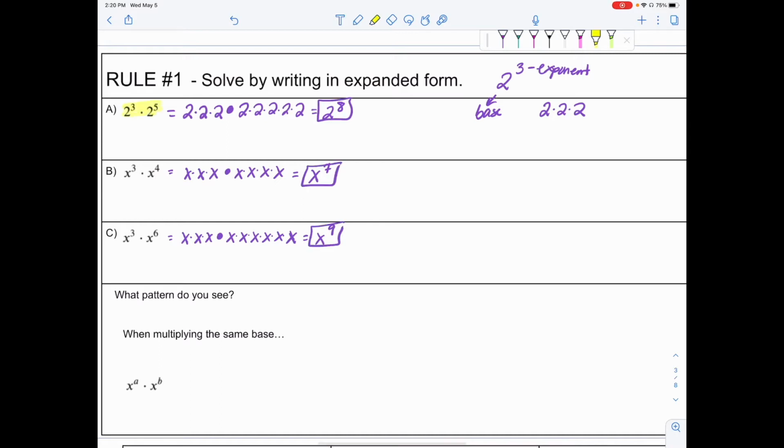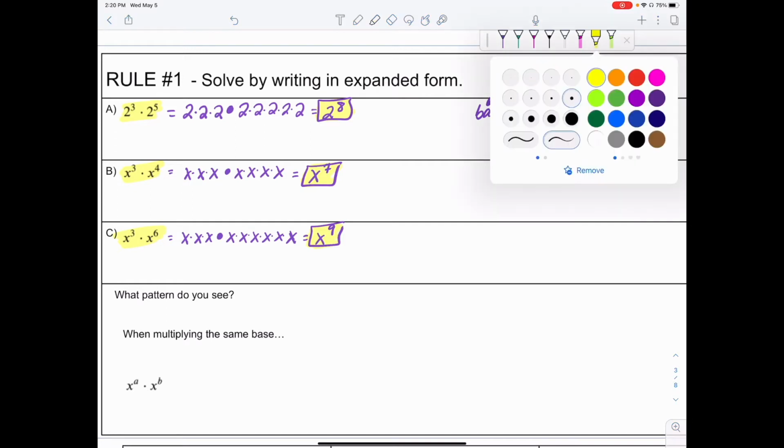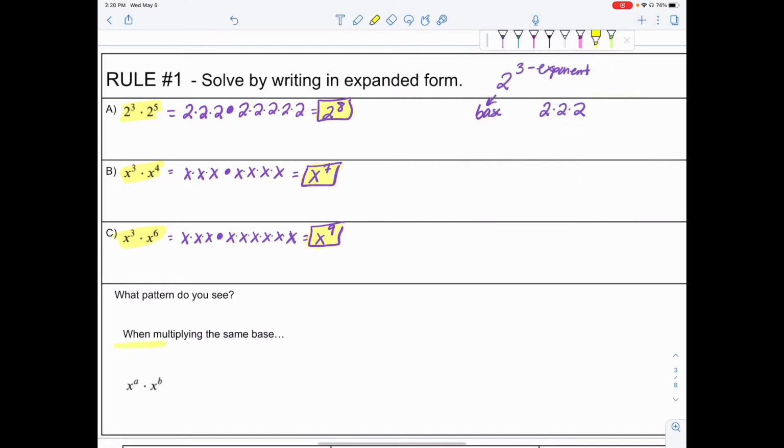If we consider what's happening each time, if I look at the problem I started with and the answer I ended with, in class we noticed, oh, well, the base is staying the same, but my exponents, 3 plus 5 is 8. 4 plus 3 is 7. 3 plus 6 is 9. This is rule number 1. When we are multiplying the same base, we add our exponents.